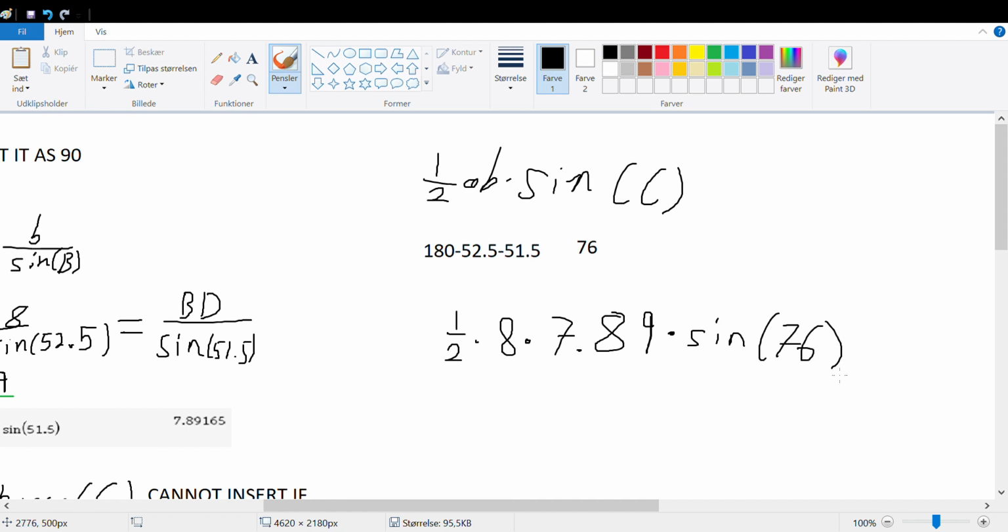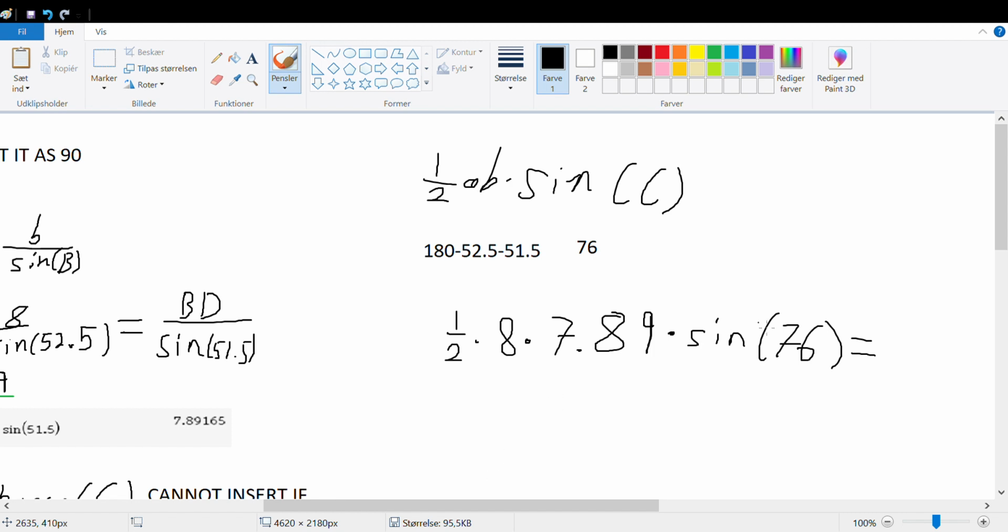This is the easy question, and ideally it should be possible for most people. But anyway, let me just do the actual calculation now to make sure that I get a good number. 7.89 multiplied by sine of 76.